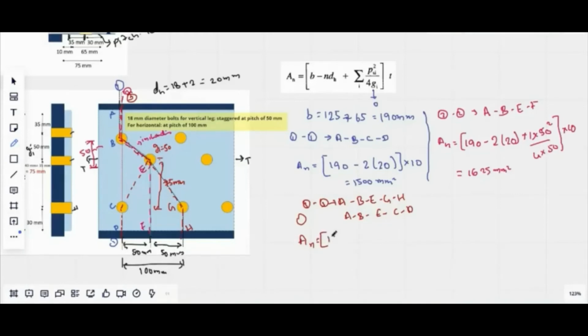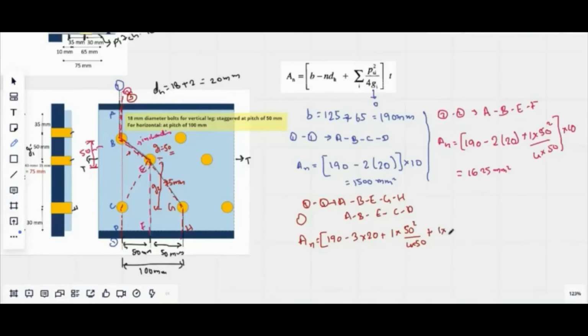The width of section, which is about 190, minus 3 number of bolts having a diameter of bolt hole 20 mm, plus there is one inclined pitch here having a gauge 50 mm, 1 into 50 square by 4 into 50, plus there is another gauge G2 which is about 75 mm.